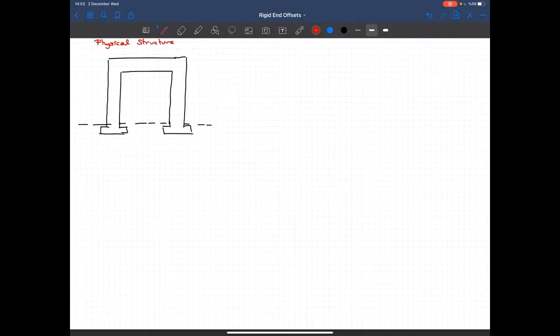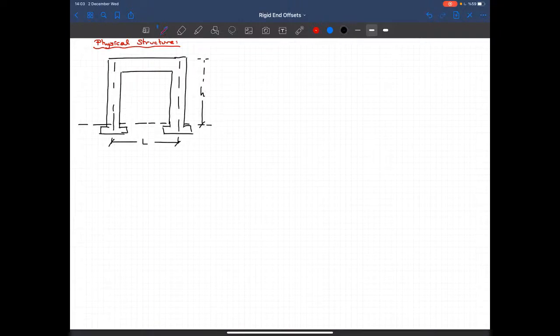And one of the modeling approaches that we discussed during the class is, let's say that this is the height of that member, and from center line to center line, that's the length of the beam. Okay.